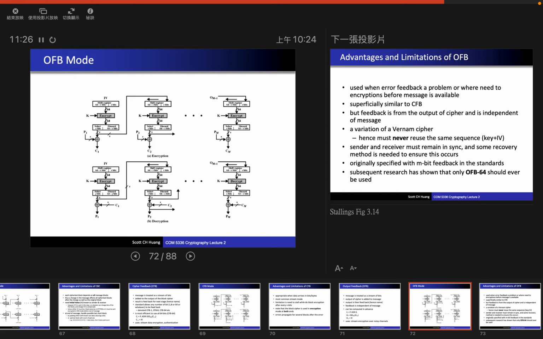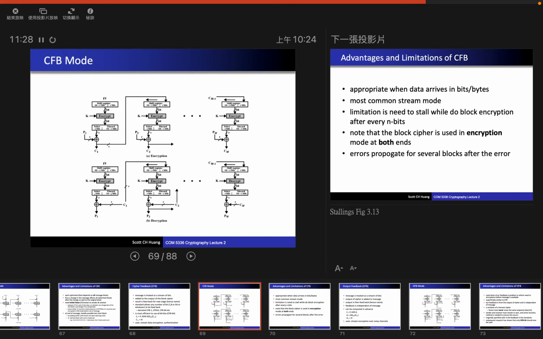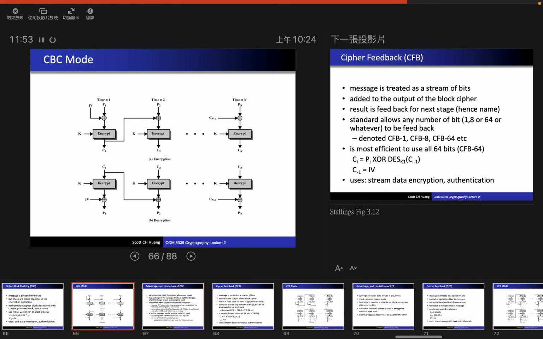Let's go back and look at the previous one, the CFB. Can you do such a pre-computation in CFB mode without the knowledge of the plain text? No. You have to have your plain text in order to do this calculation. Right? How about the CBC, cipher block chaining? Can you do that?